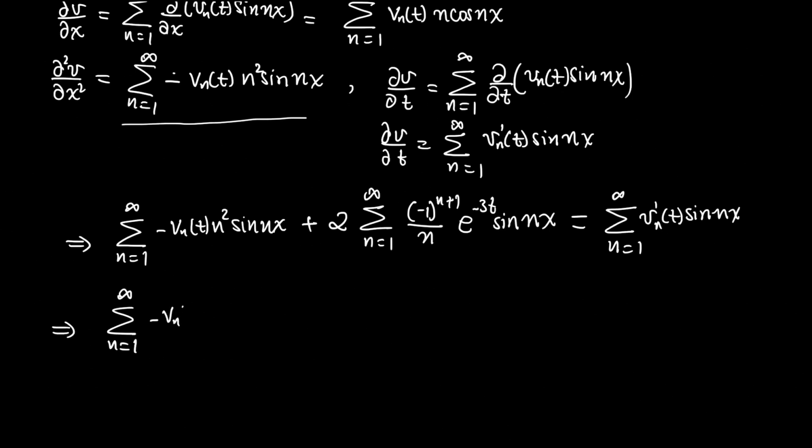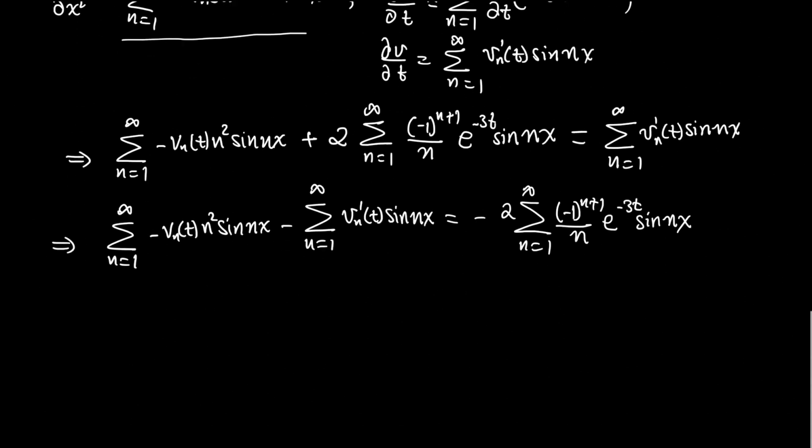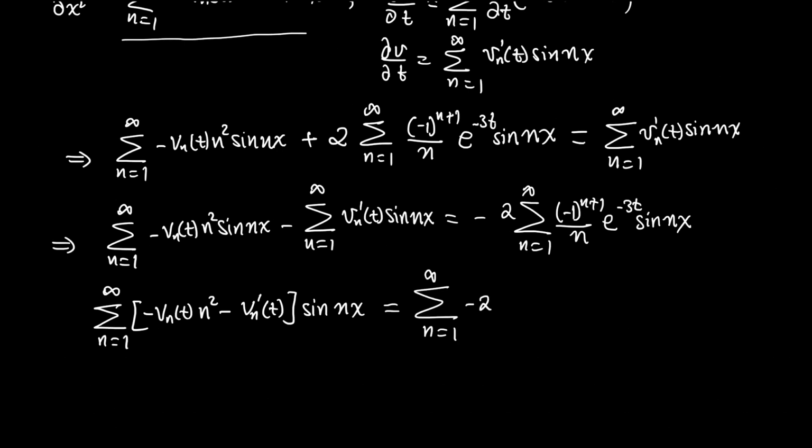So I have minus v_n(t) n squared sin(nx) minus v_n prime(t) sin(nx) equal to minus 2 ... e^(-3t) sin(nx).